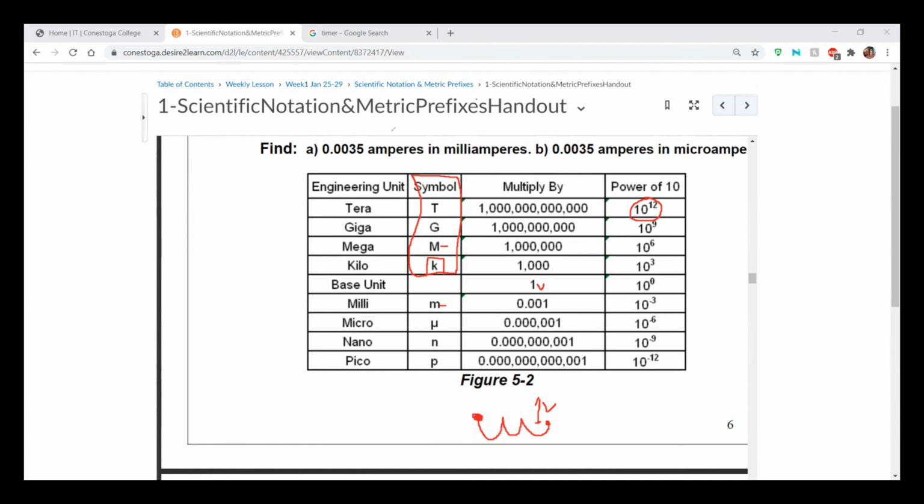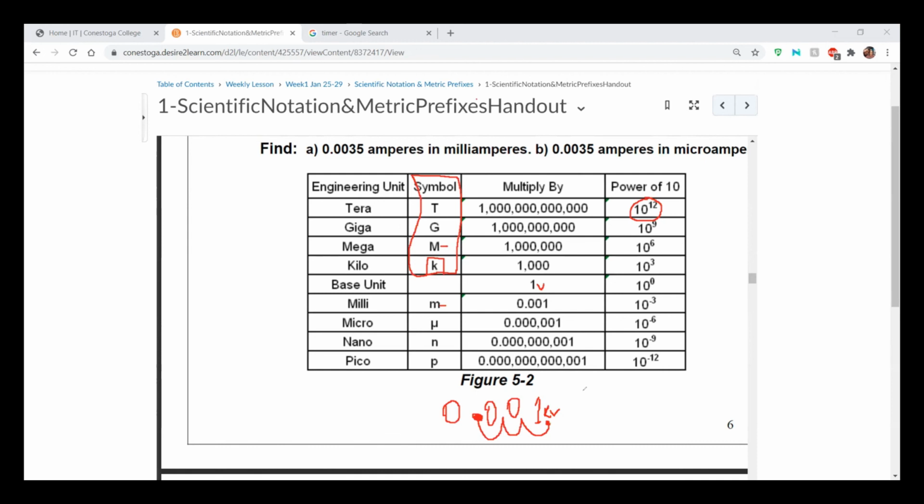Now I'm going to fill in the gaps with my zeros. So we have 0 point, and that first zero is pretty much meaningless. You can say just 0.001, or to be more proper, 0.001. So we have 0.001 kilovolts.